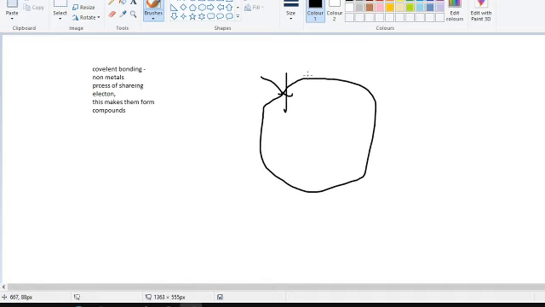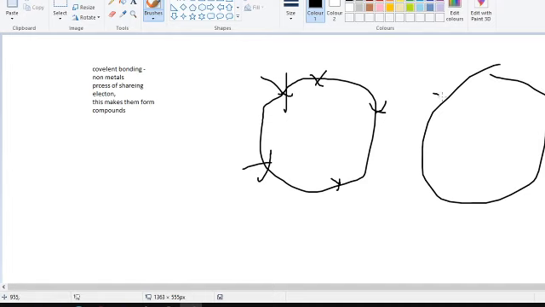It's a group 5 element, so it has 1, 2, 3, 4, 5, and let's say here we have a group 7 element, so it has 1, 2, 3, 4, 5, 6, 7. So this element has 5, whereas this element has 7.